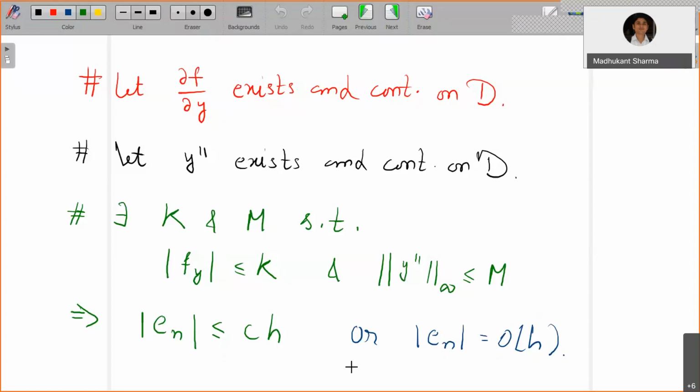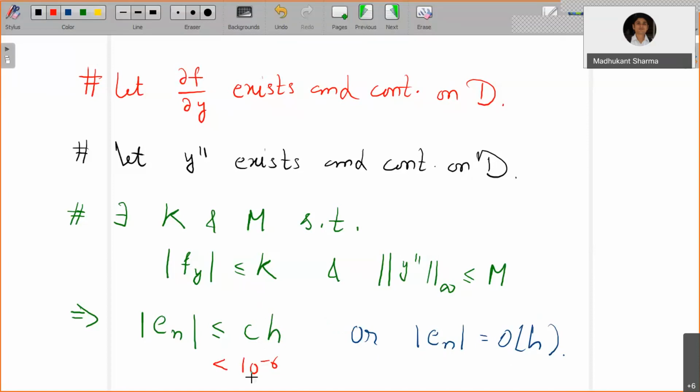If you wish to have the error bounded by less than 10 to the power minus 6, you have to make h sufficiently small. But we have also seen that if you take h as small as possible, round-off error will come into the picture, because you are rounding at each step and in totality it will be huge.